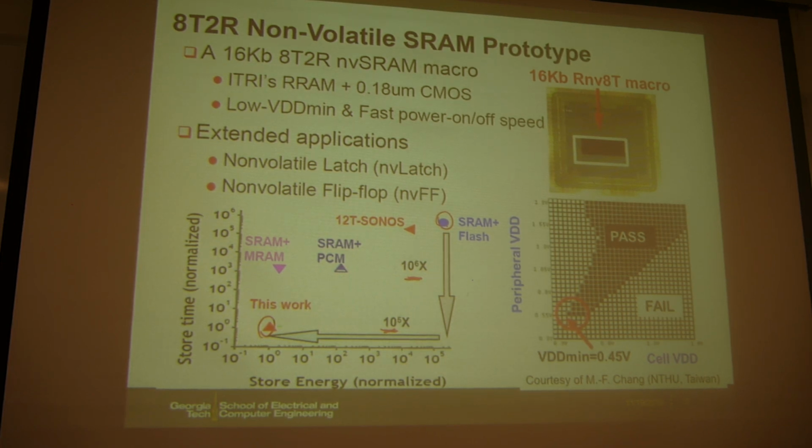But if you read out the SRAM and write to the flash, the flash write takes tens of microseconds. So this is like 10 nanoseconds, and this is much faster than the SRAM plus flash solution.